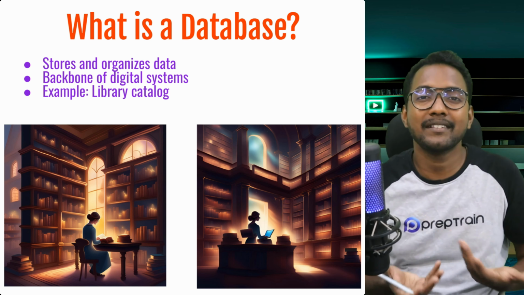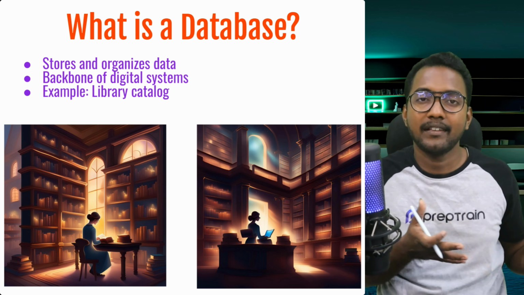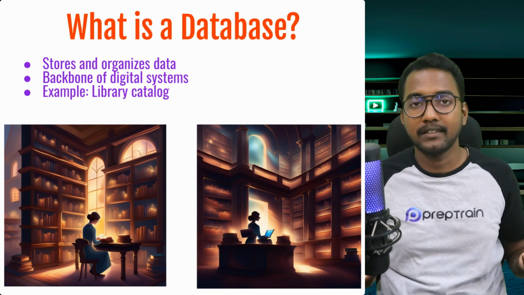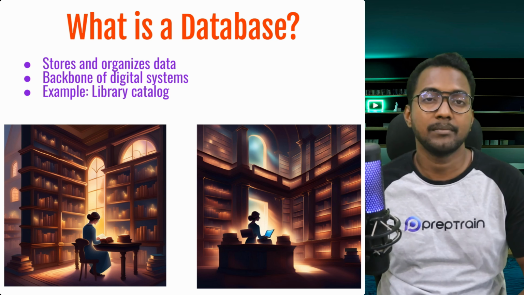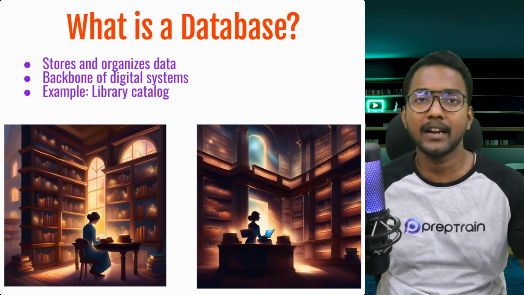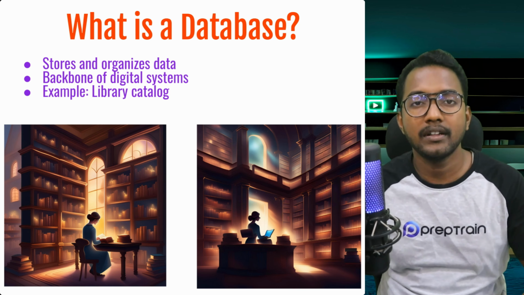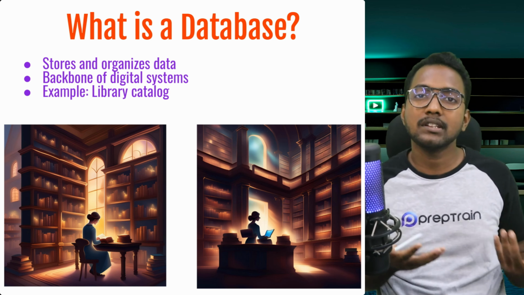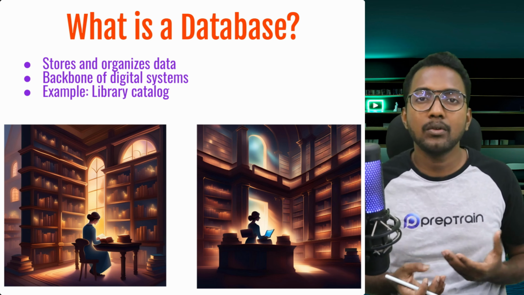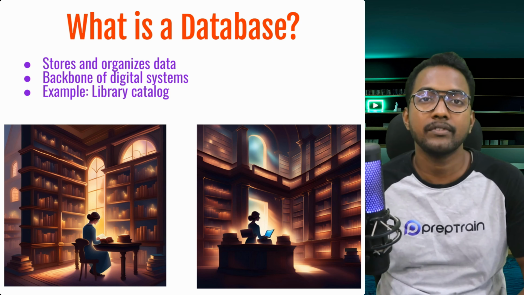A library has thousands or sometimes millions of books organized into different categories like fiction, history, or science. Each book has specific information: title, author, publication date, just like data entries in a database. The library catalog, whether physical or digital, serves as the database for managing all of this information.